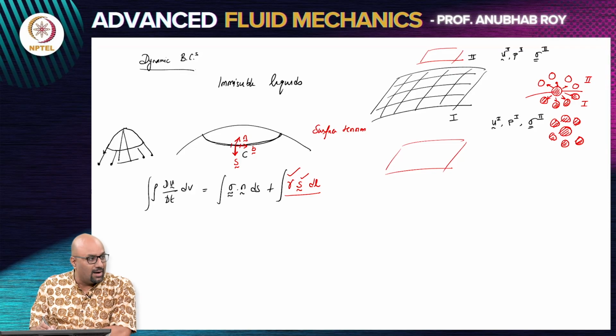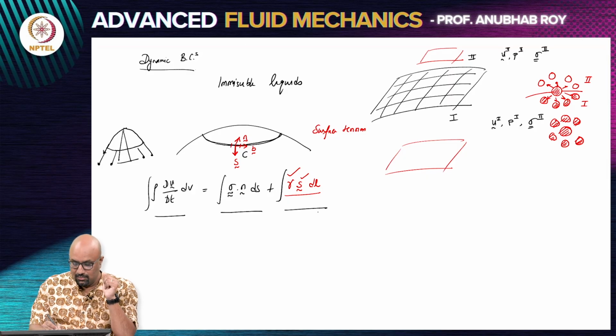So this is what would happen, right? You have the acceleration integrated over that volume, you have the integration of the surface force or the surface stress tensor over the surface area, and then you have an integration of the surface tension that is basically acting on any contour that is defining that particular surface.